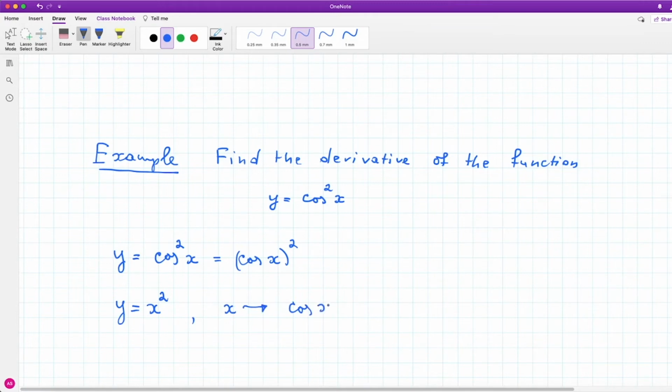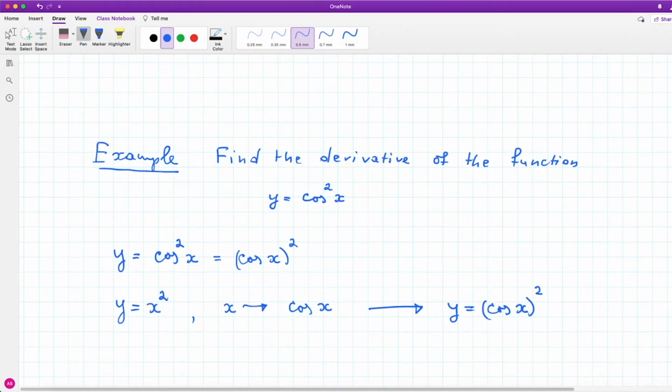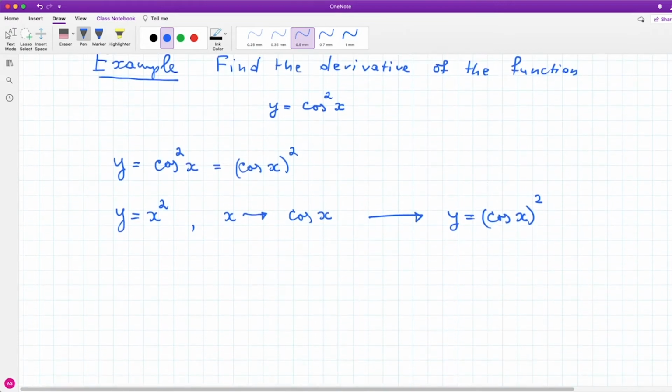If we start with y equals x squared and replace x with cosine of x, we get y equals cosine of x squared. And therefore, the chain rule can be used here to calculate the derivative of our function.